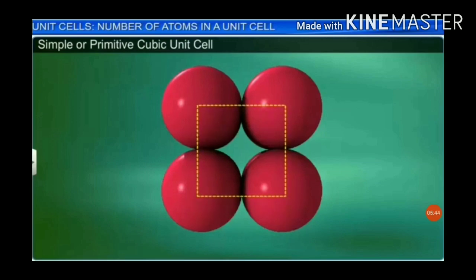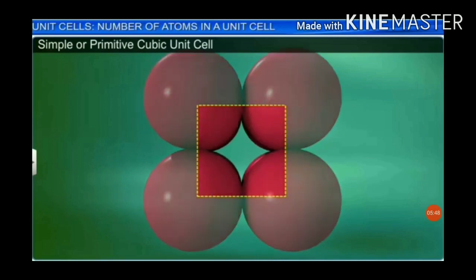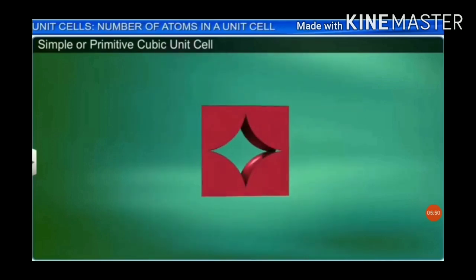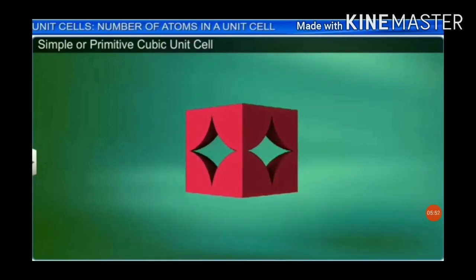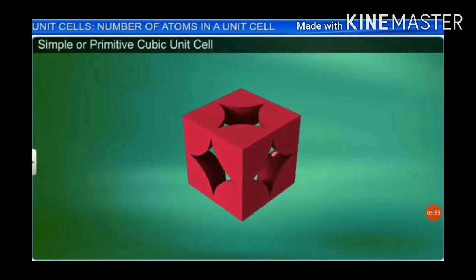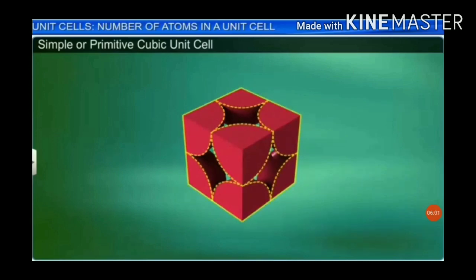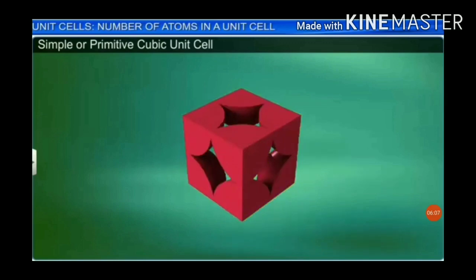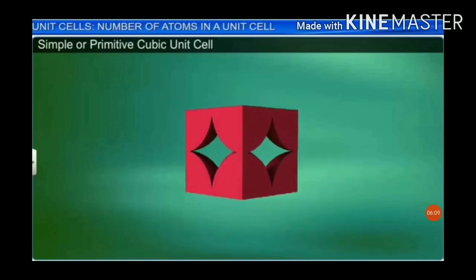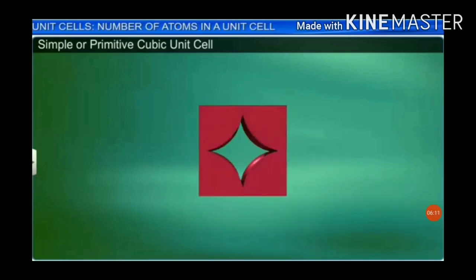The space-filling model shows atoms touch along the edges of the cell. But considering the portion of atoms inside the cell boundary, we can generate a unit cell of a simple cubic lattice. From this, we can identify that each atom at its corners contributes 1/8 of its original volume. The total number of corners present in a cube is 8, and there are 8 atoms in 8 corners.